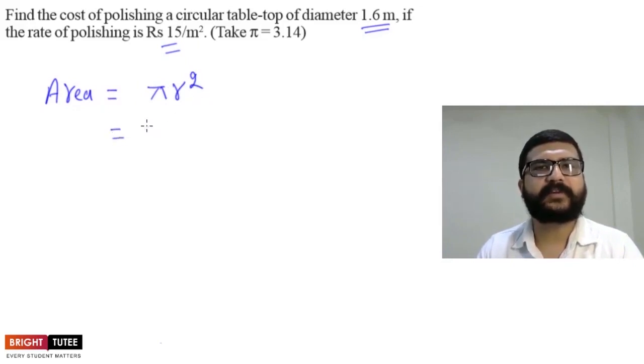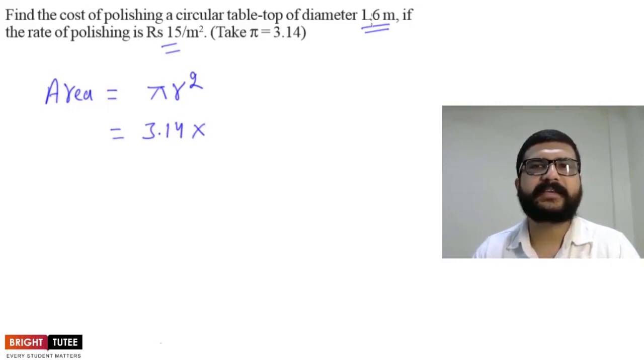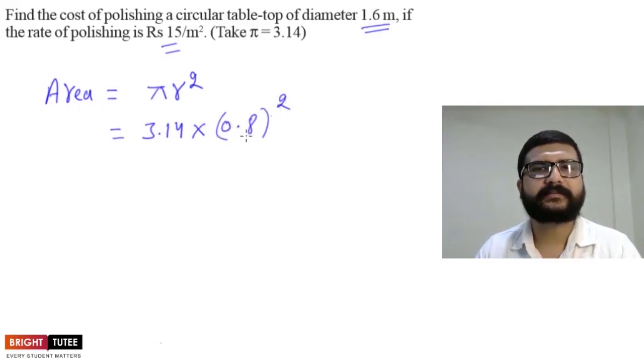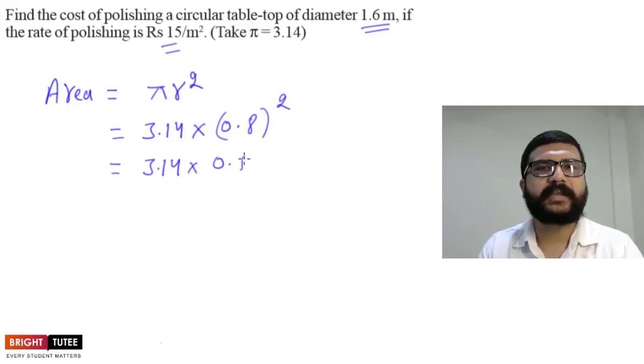Now this will be equal to 3.14 into r square. Now what will be the radius here? Diameter is given as 1.6. So radius will be 0.8. So it is 0.8 square. Now let's simplify this. It will be 3.14 into 0.8 into 0.8.